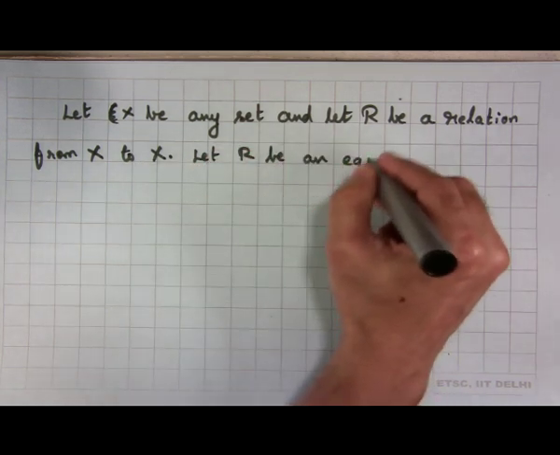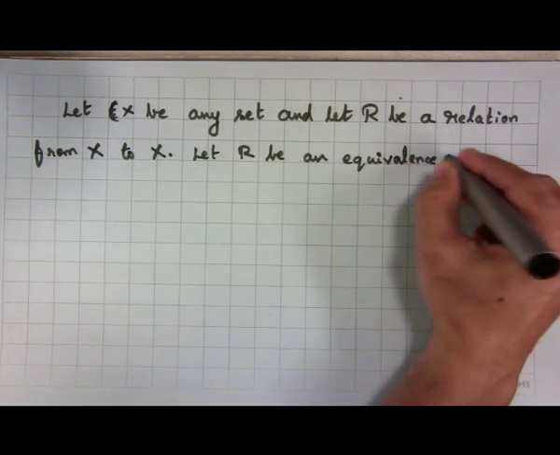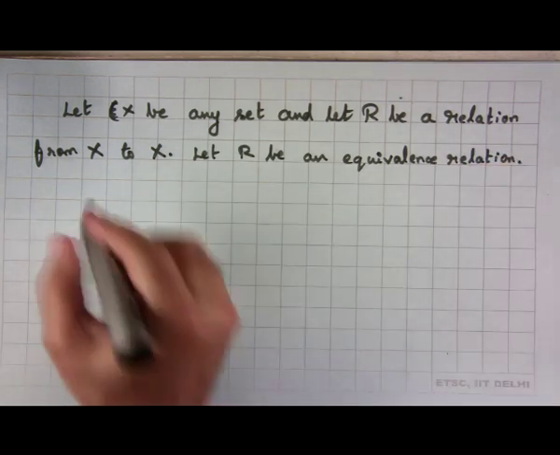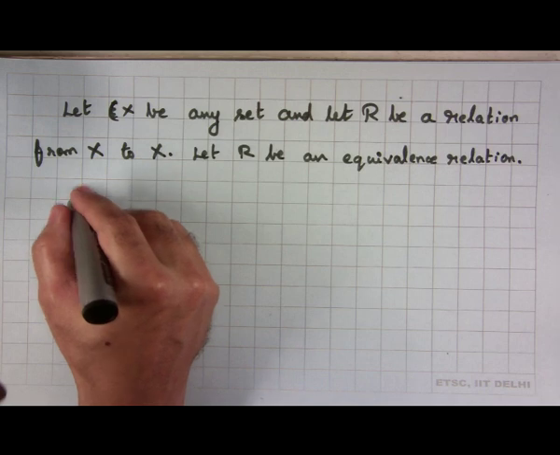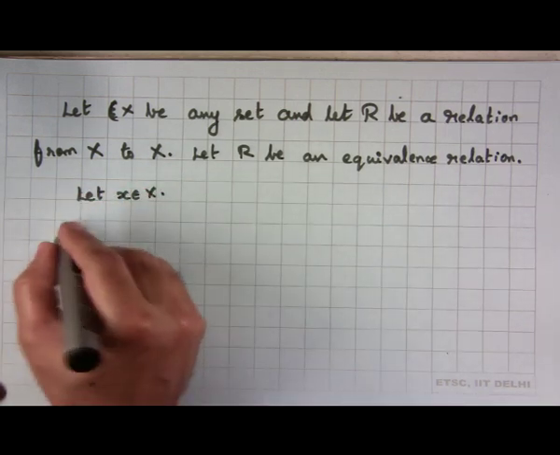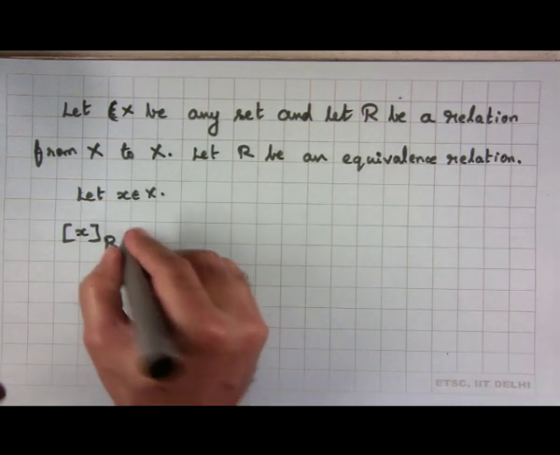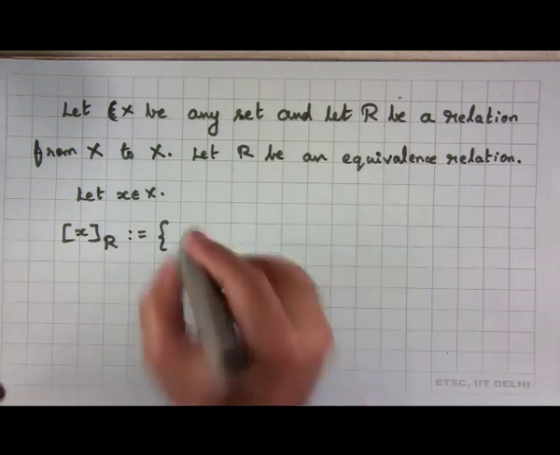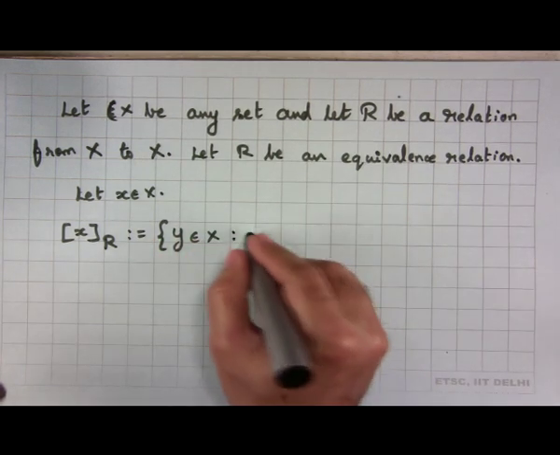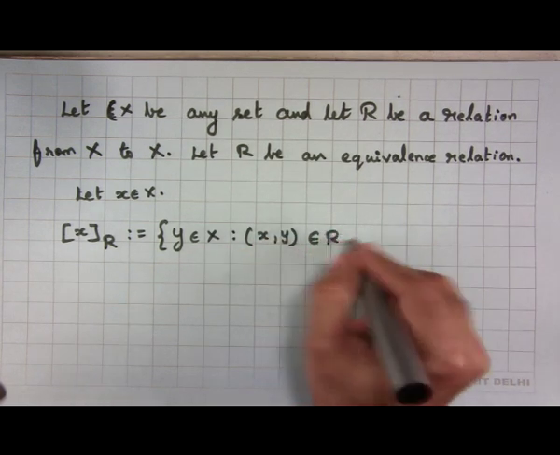What we wanted is an equivalence relation. So, now let x in X. We define a set box x with respect to this R as all those y in X such that the pair x comma y belongs to R.